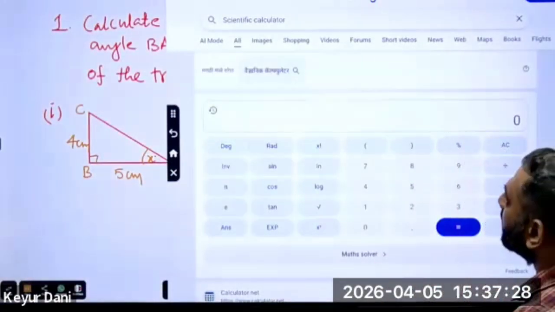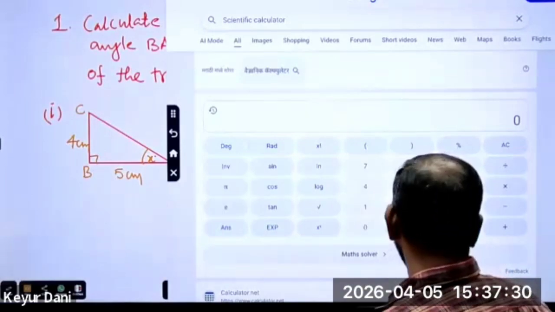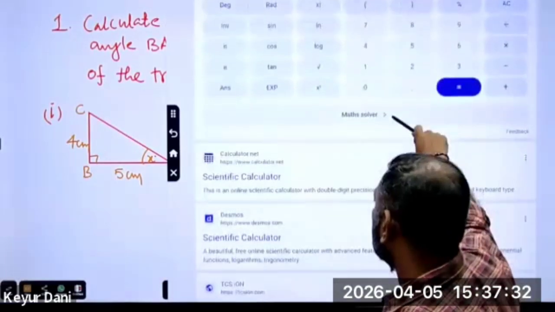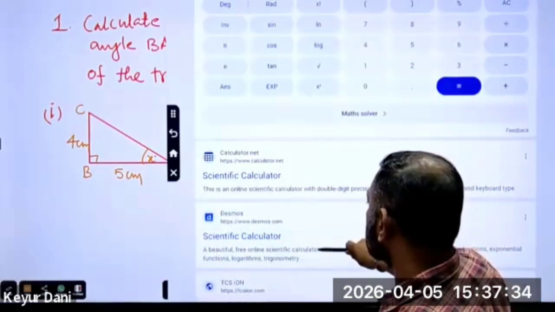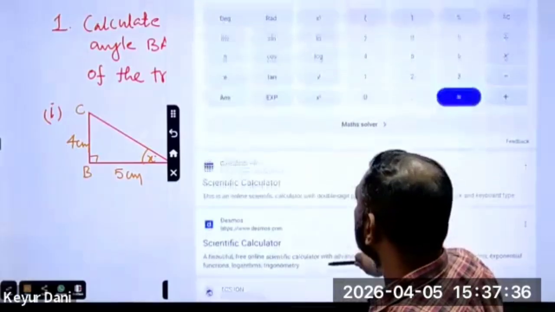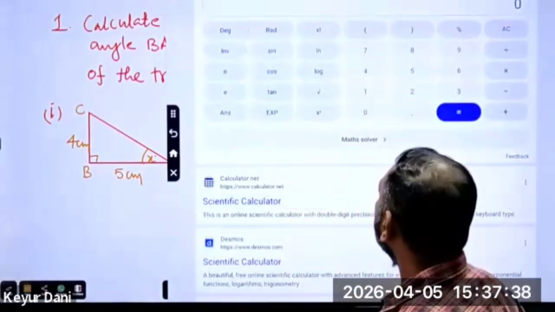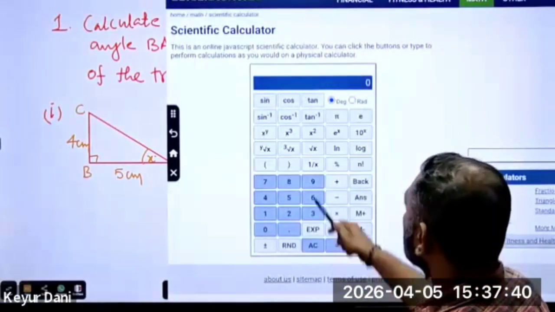It is something like this, but this is still not a great calculator. Okay, see this.